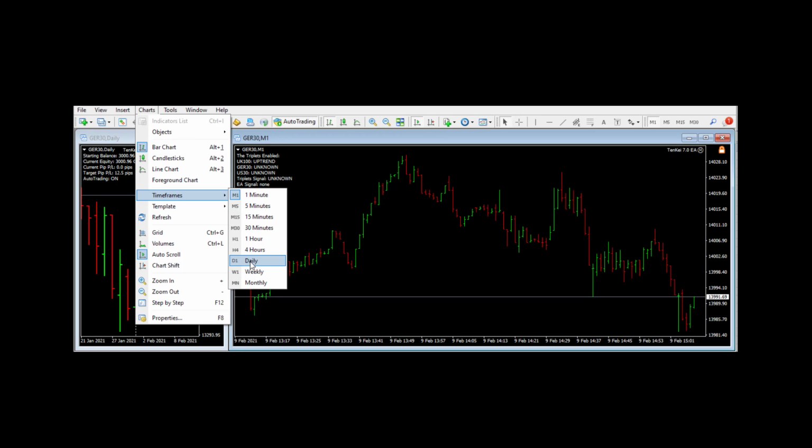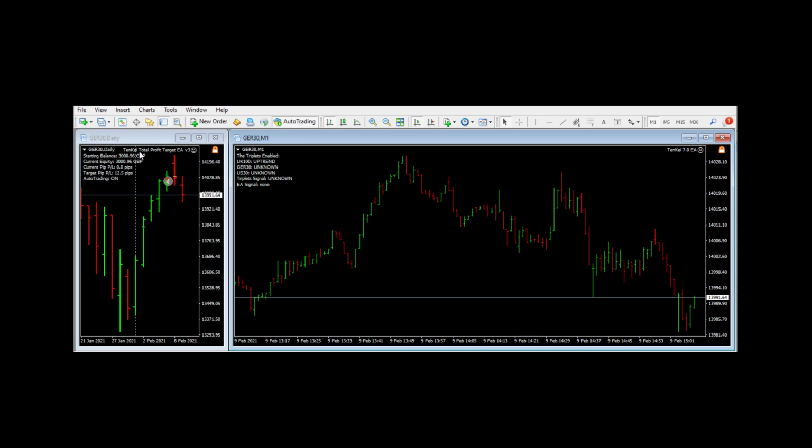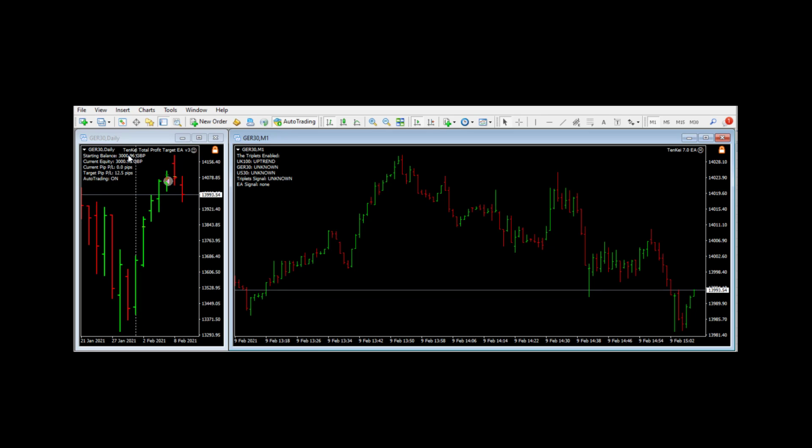But we look at a daily chart, especially when it comes to adding the TPT to it. When we trade, we tend to look at the markets using a 1-minute chart. Everything we use tends to be a 1-minute chart. The only time we don't use a 1-minute chart is when we're using the TPT.